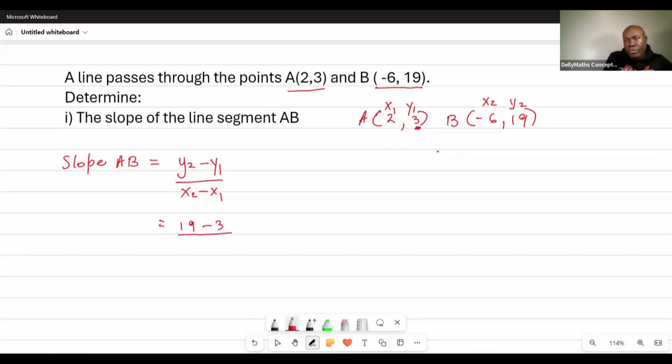This is going to be all over x2, which is -6, minus x1, which is 2. 19 minus 3 will give us 16. -6 minus 2 will give us -8. 16 divided by -8 will give us -2. So the slope of AB is actually -2.